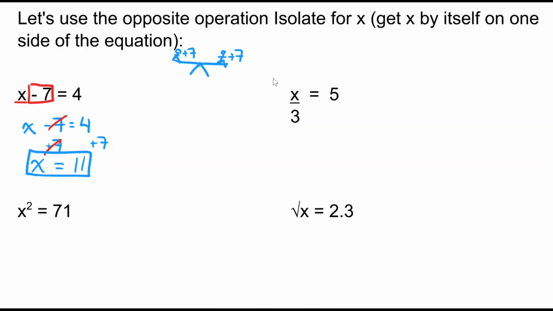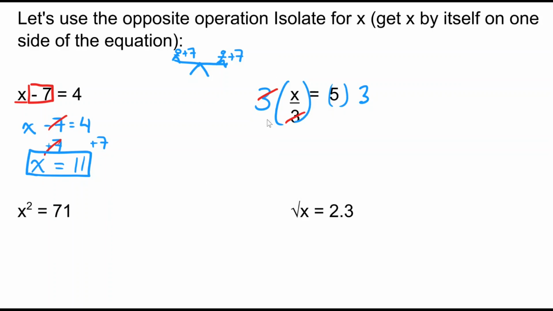So if I take this and multiply this side by 3, then I have to multiply the other side by 3 as well. Well, let's try this. Let's go 3 times x and then immediately divide by 3. When you multiply by 3 and then immediately divide by 3, those processes cancel each other out.